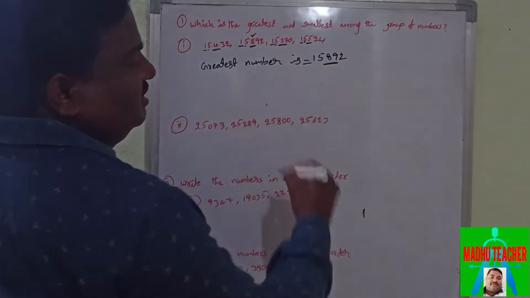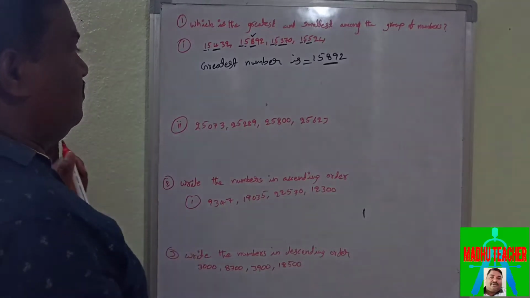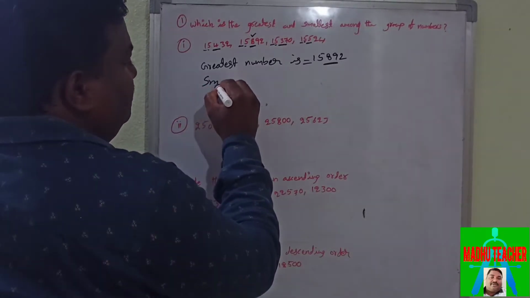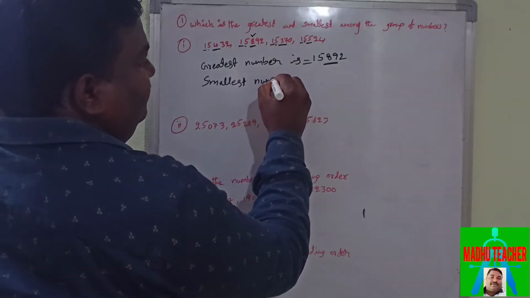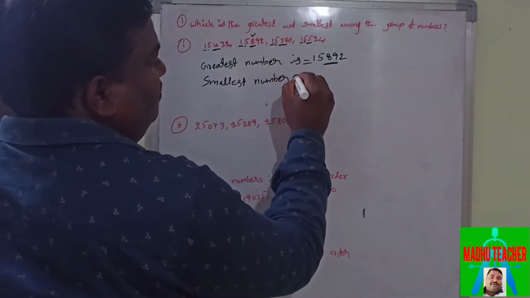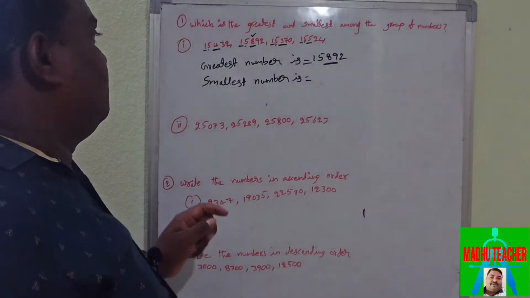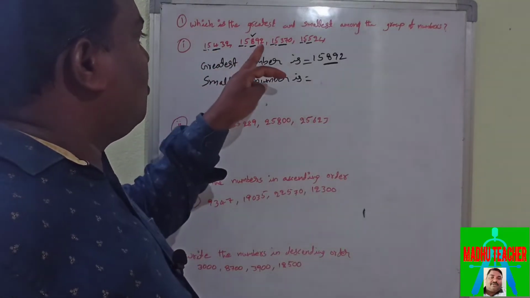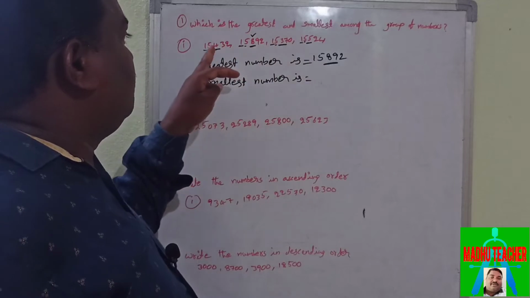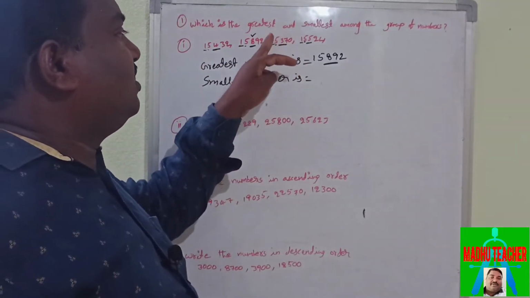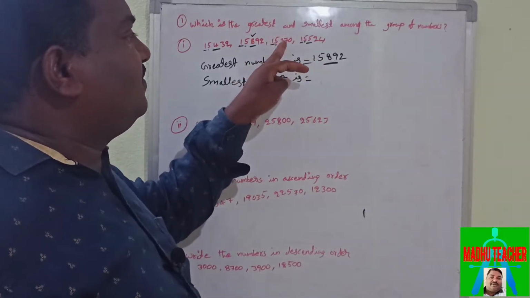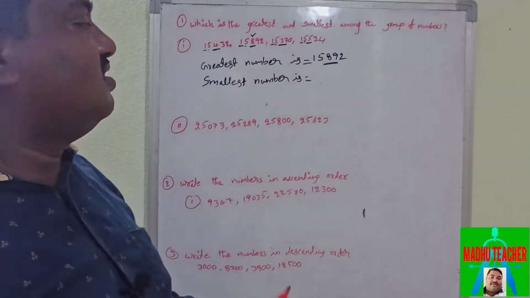Then the smallest number. Among all these numbers, 3 is the smallest digit. So we say that 15,370 is the smallest number.